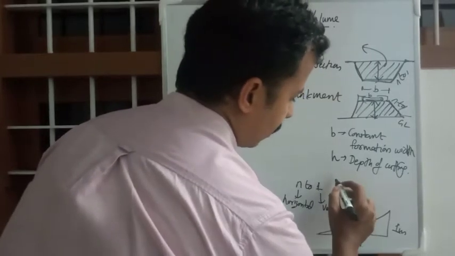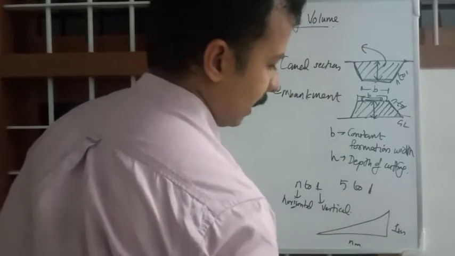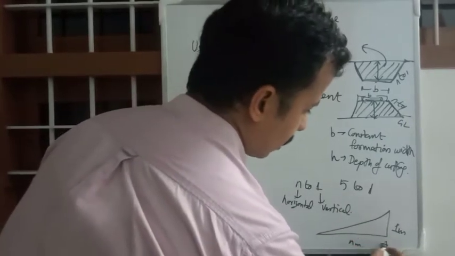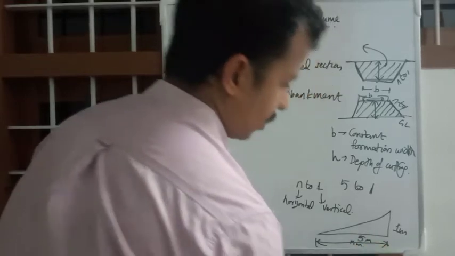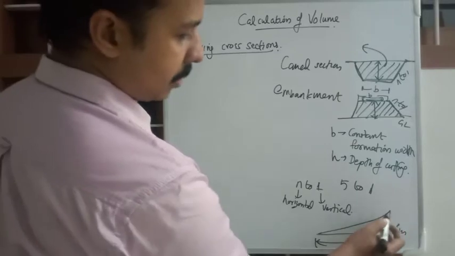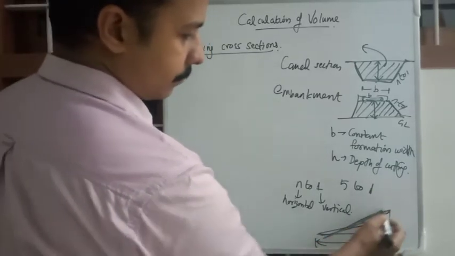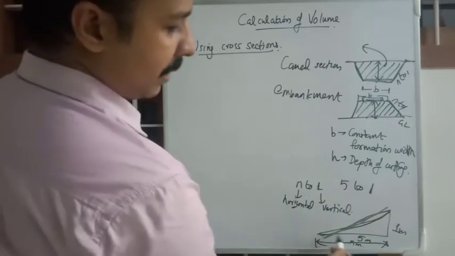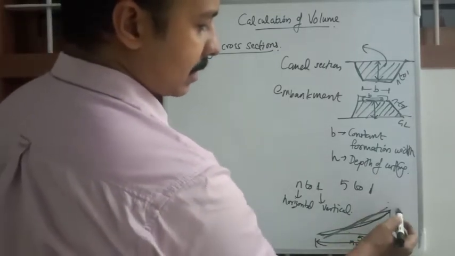If it is given as 5 to 1, that means this distance is 5 meters. For this straight slope, a straight line, 5 meters of horizontal distance should be taken to get 1 meter vertical distance.